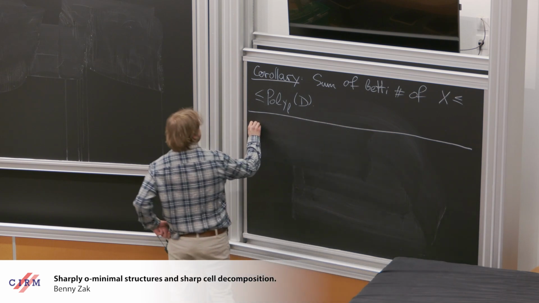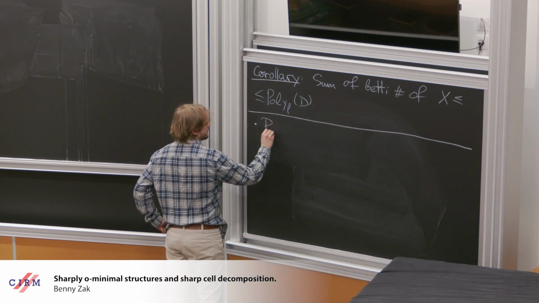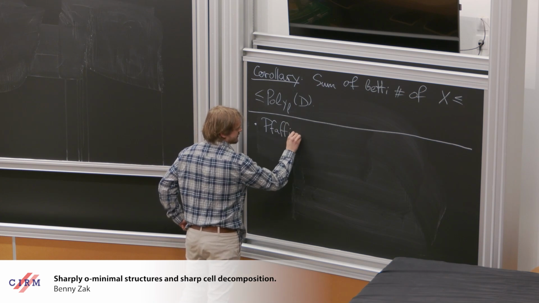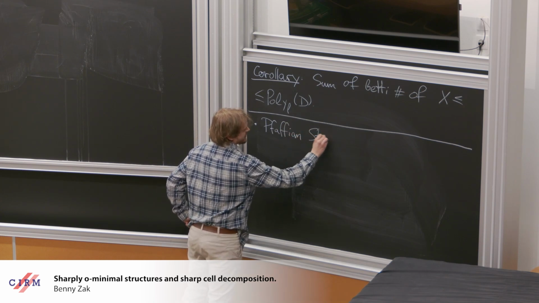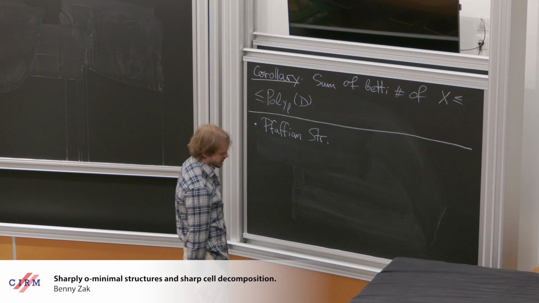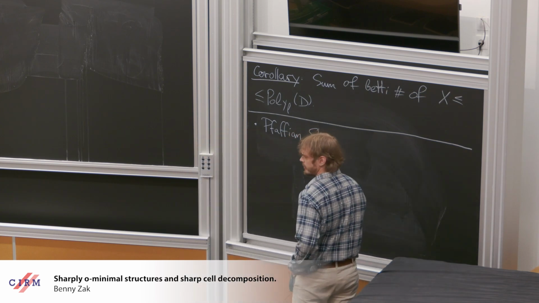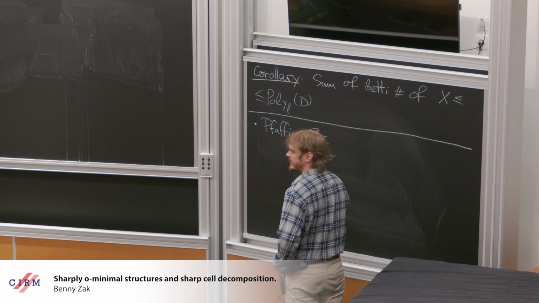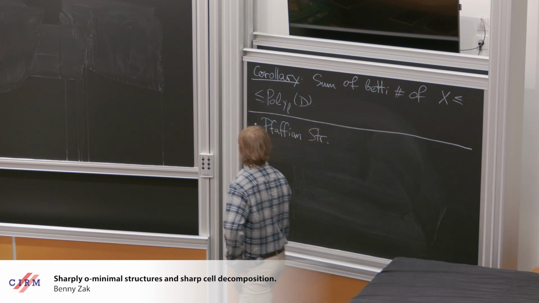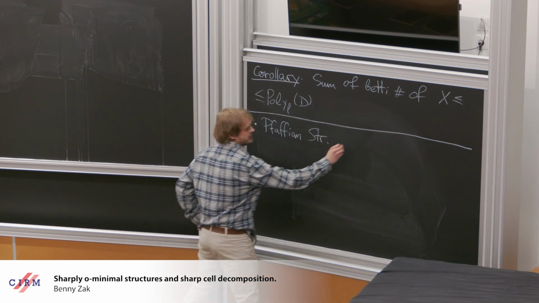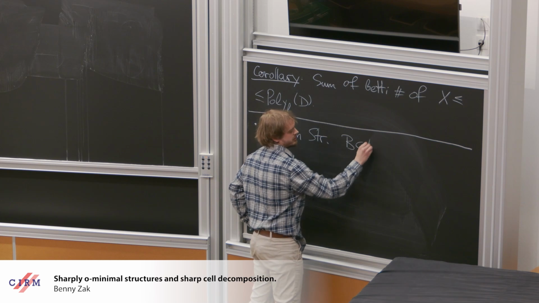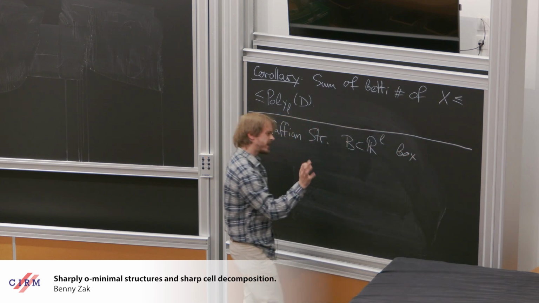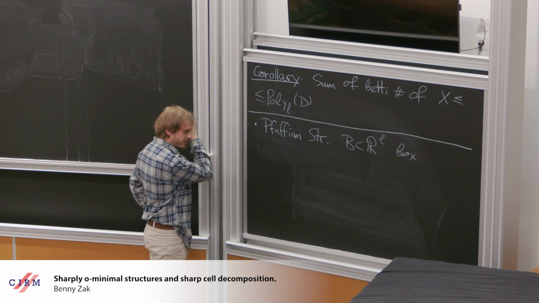Okay, and now the Pfaffian structure. A very famous, very important structure. Here I will take the time to remind you what I mean. There is a notion of a Pfaffian chain. So you have B in R^L, a box, open, or actually I want it to be closed, but I will talk about that later.